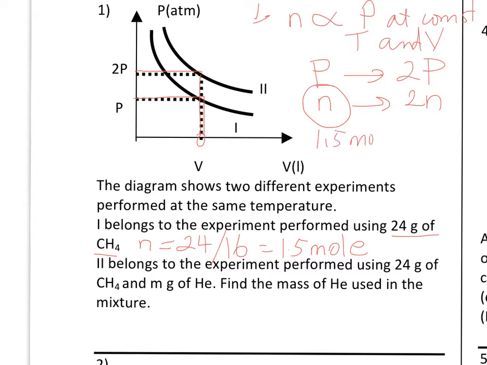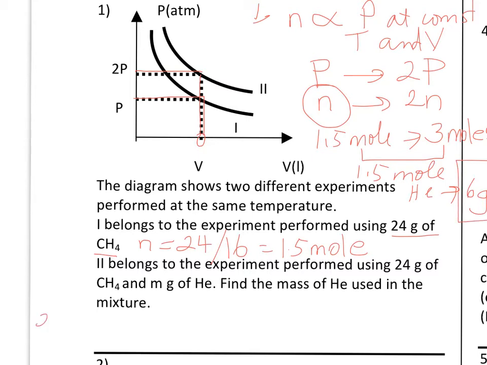If the number of moles has been doubled, then at the end of the second trial we have 3 moles of gases in the container. 1.5 mole belongs to methane, then the other 1.5 mole should belong to helium gas which was added. So 1.5 mole of helium, if the molar mass of helium is 4 grams per mole, gives us 6 grams altogether which was added.